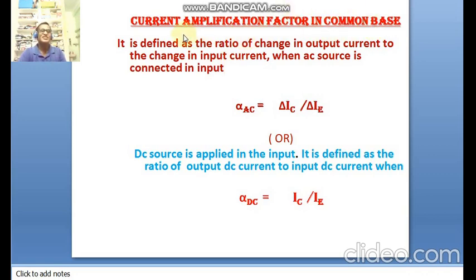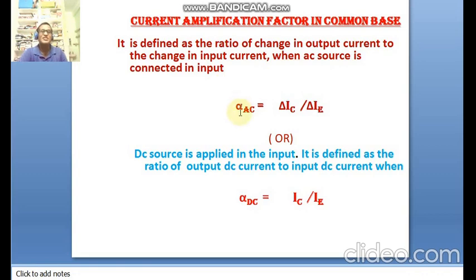When the transistor is connected in the electronic circuit in common configuration, the current amplification factor is also known as gain. When an AC source is connected in the input circuit, the gain is represented by alpha AC. Alpha AC is defined as the ratio of change in output current to the change in input current when the source is connected in the input circuit.